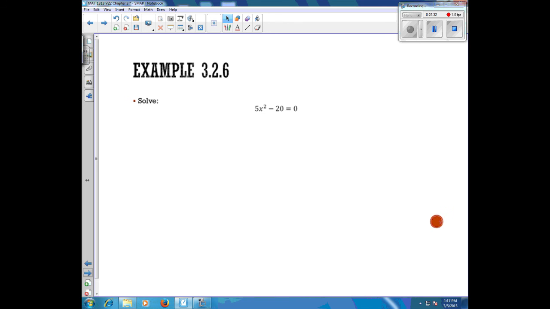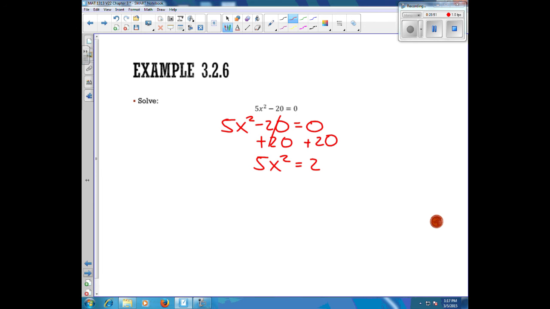So let's try this one. 5x squared minus 20 is equal to 0. What we want to do is solve for x squared. We want to get x squared by itself. And so we're going to add 20 to both sides. And you get 5x squared is equal to 20. And we want x squared by itself, so we want to divide by 5.